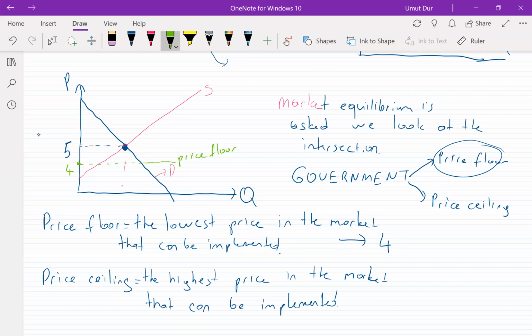And the government is telling you the following: in this market, I will apply a price floor, and the price floor is 4. So the market price cannot be less than 4. Can that affect the market equilibrium price and equilibrium quantity?